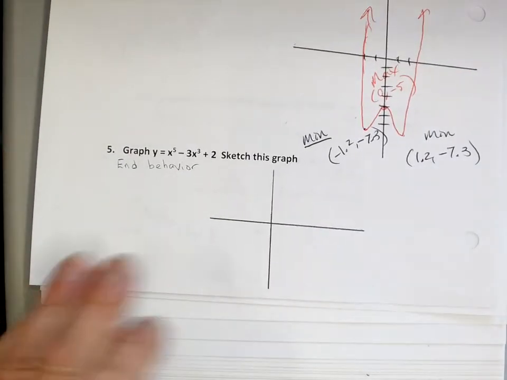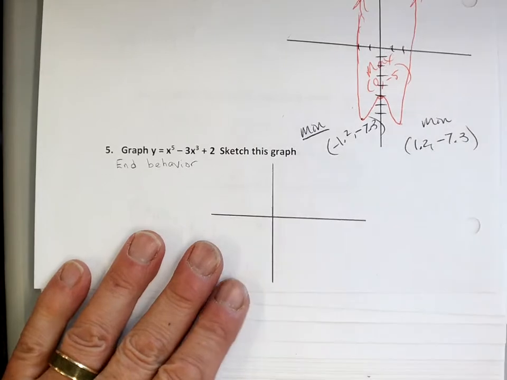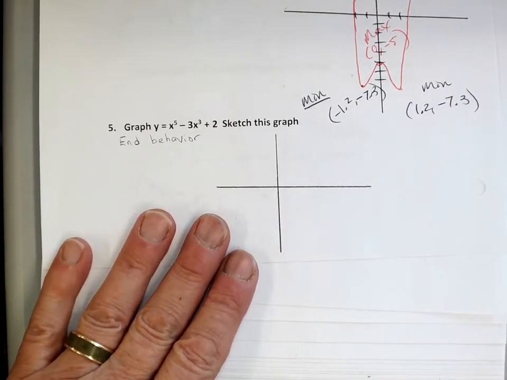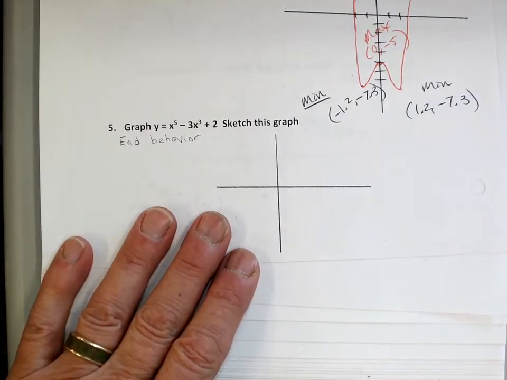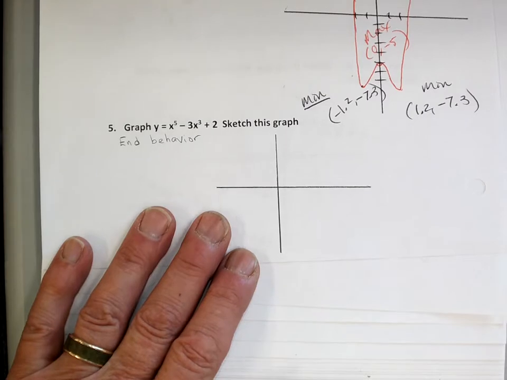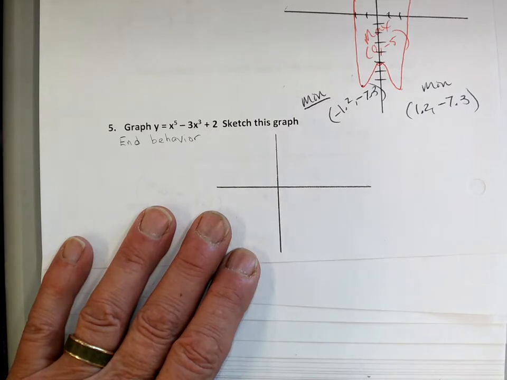Okay, and I'll wait for you, and we'll do number 5. I'm going to type number 5 in while I'm waiting. x to the 5th, 3x cubed, and then plus 2, right?